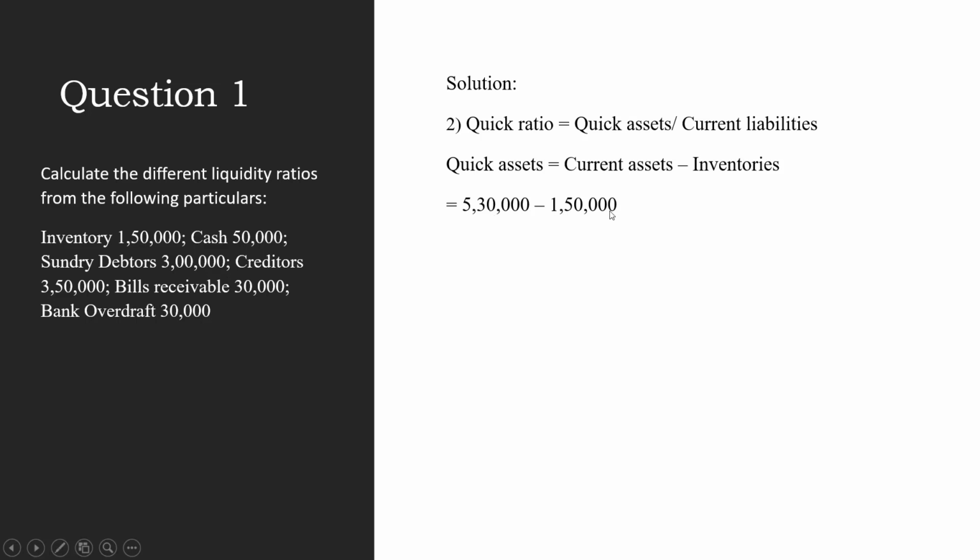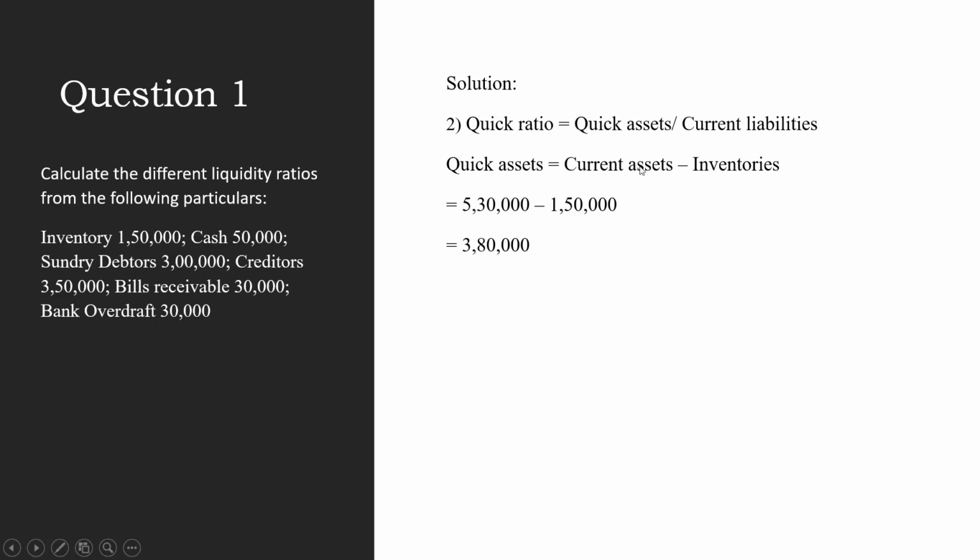5,30,000 minus 1,50,000. Now how do we get this 5,30,000? When we were calculating the current ratio, we already calculated the current assets, right? That is 5,30,000. So from that 5,30,000, you just minus the inventory, that is 1,50,000. Then you will get the value as 3,80,000.